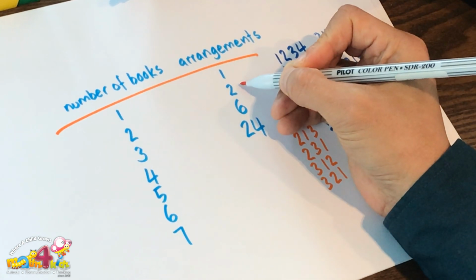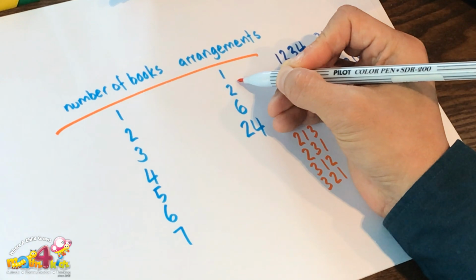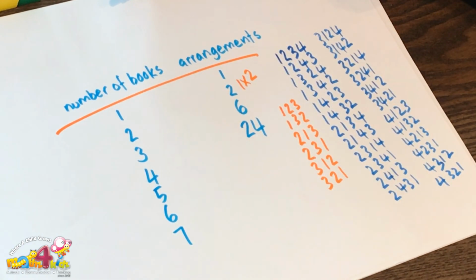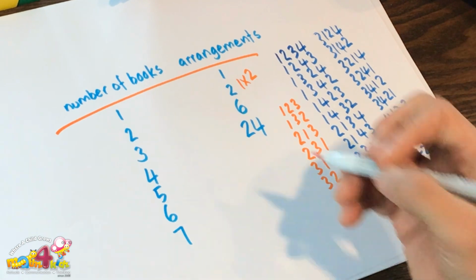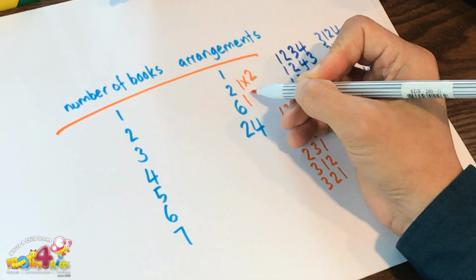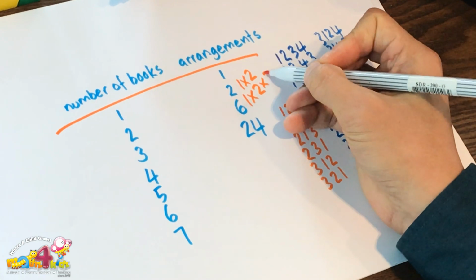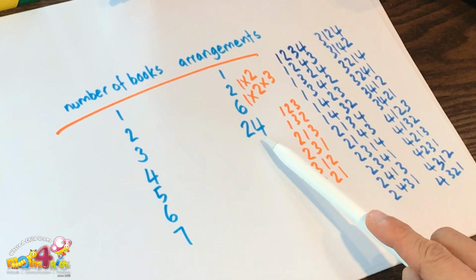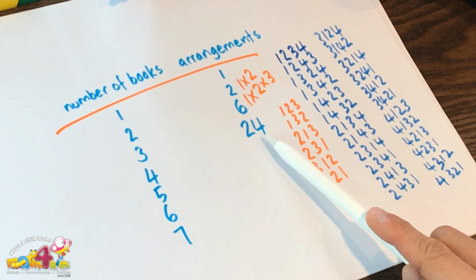I suppose 2 is 1 times 2. Six seems like it can be 1 times 2 times 3. So if my pattern is correct, the next one would be 1 times 2 times 3 times 4.